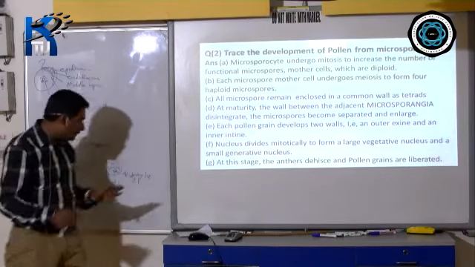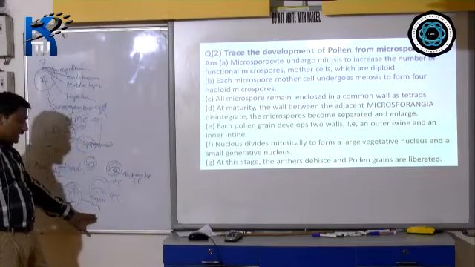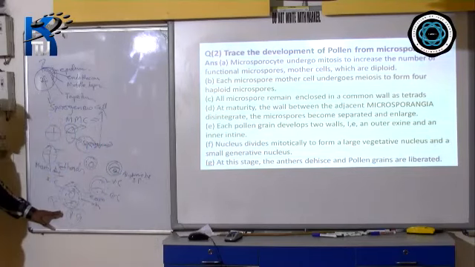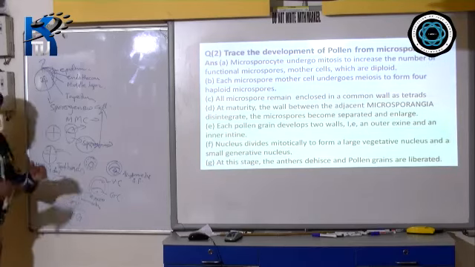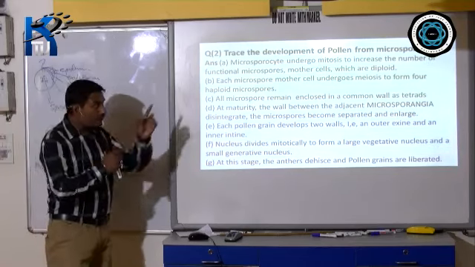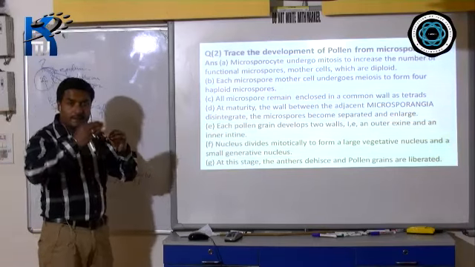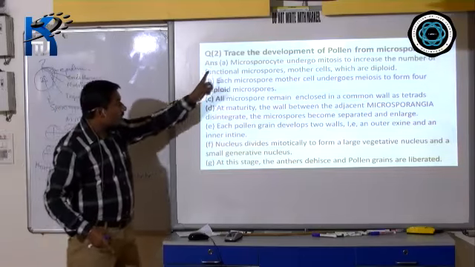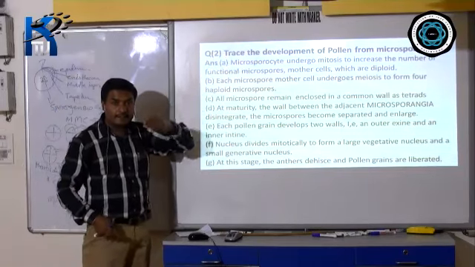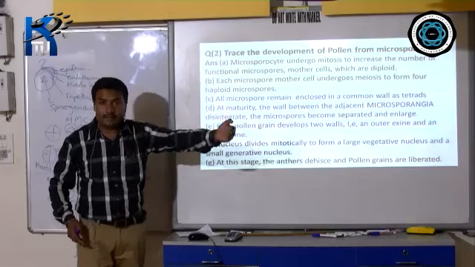After exine and intine, the vegetative and generative cells get formed. This is the mature pollen grain. So from the microsporocytes till the development of the pollen grain, whenever the question comes, trace each and every event and describe it.